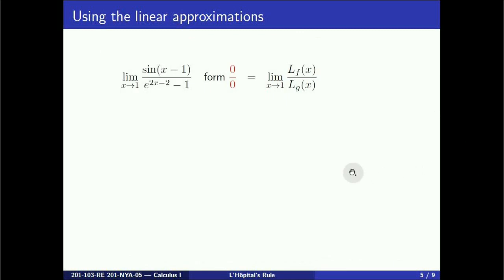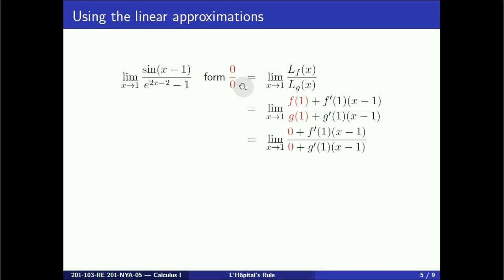Our main idea is to consider the ratio of the linear approximations as opposed to the ratio of the two functions. Doing this, we get, rather than the limit of f over g, the limit of L of f of x over L of g of x, which is f of 1 plus f prime 1 times x minus 1 over g of 1 plus g prime 1 times x minus 1. And now realize that both f of 1 and g of 1 are 0 because the limit is of the form 0 over 0.